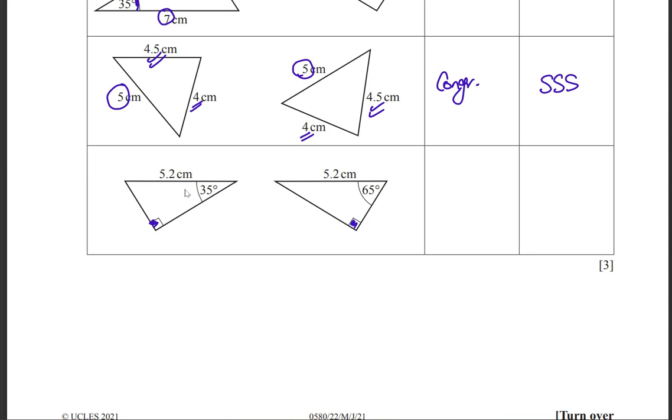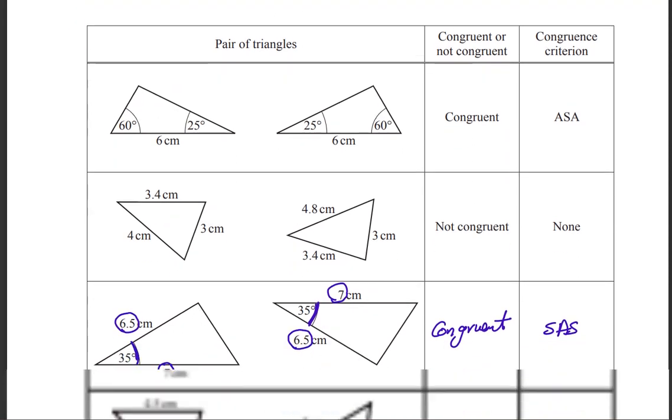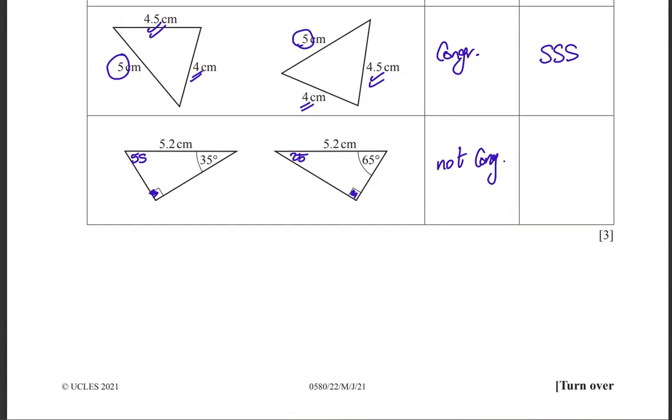If this is 90 degree and this is 35, so the third angle will be 55. So also on the other side, this will be 25. So we can see that they are not congruent. And here he said if not congruent, write none. So we will write none here.